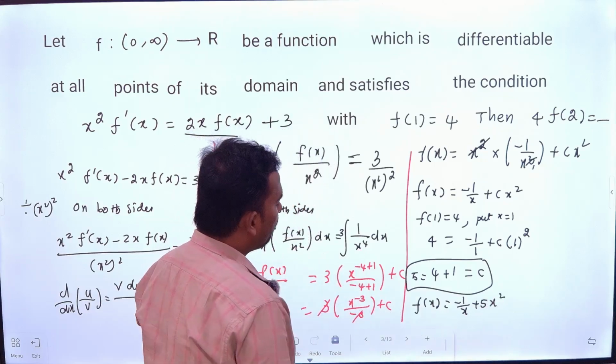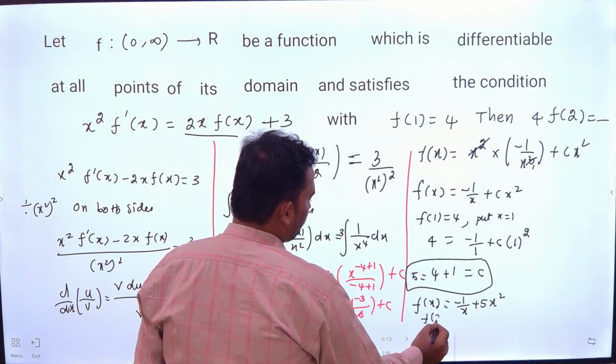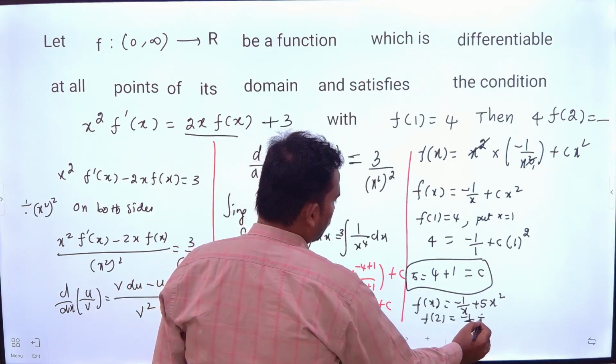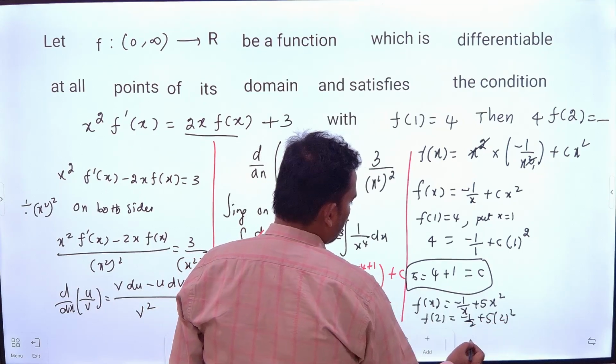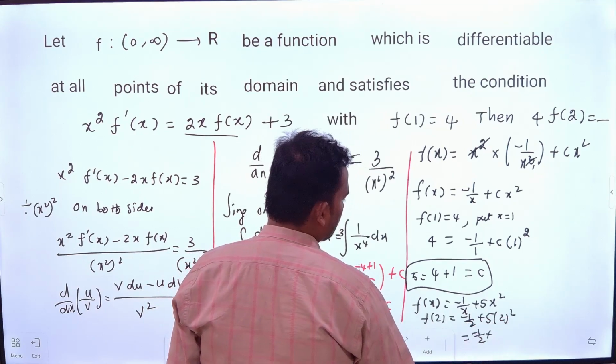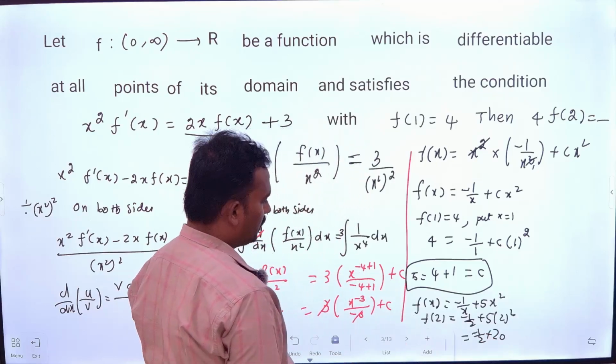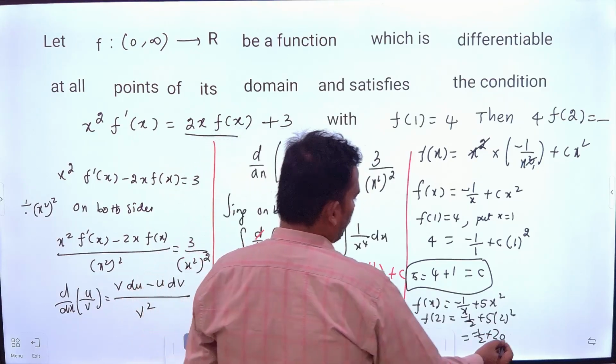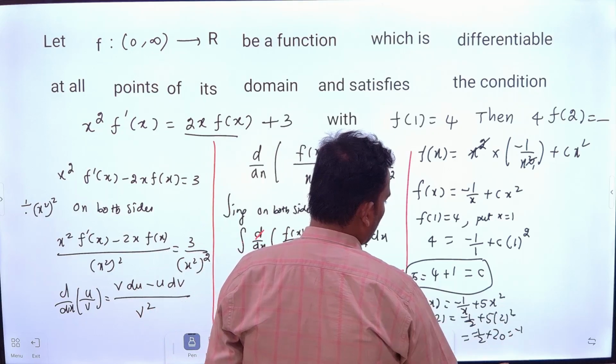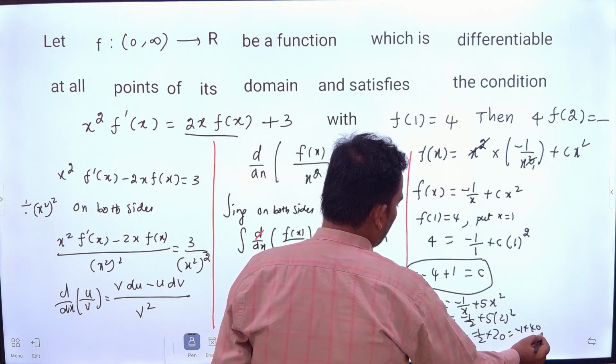So we need f of 2. Just substitute x equal to 2 here: minus 1 by 2 plus 5 into 2 square. What is that? Minus 1 by 2 plus 4 into 5. It is 20, right? So what is f of 2? Minus 1 plus 40, by 2.